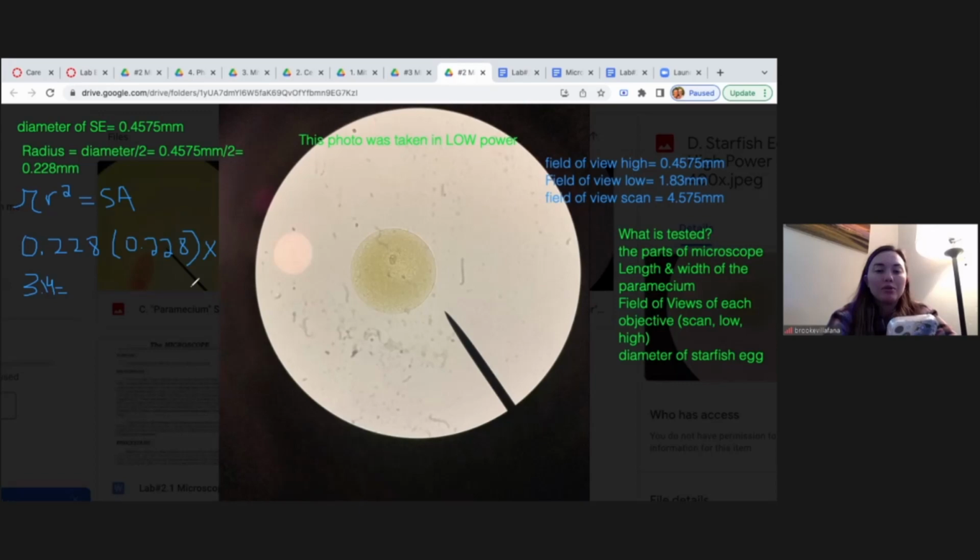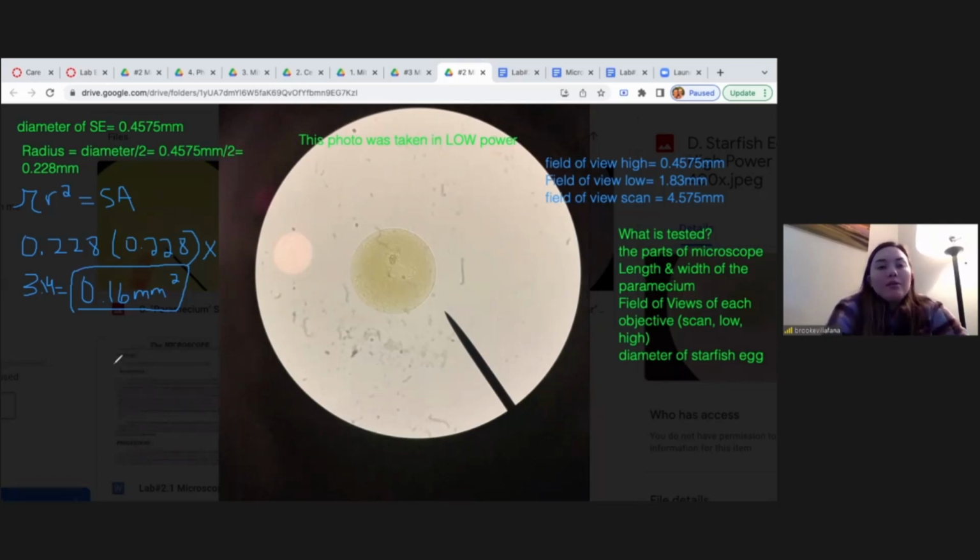So 0.228 times 0.228 times 3.14 is 0.16, and the unit is millimeters squared. That is the surface area of the circle.